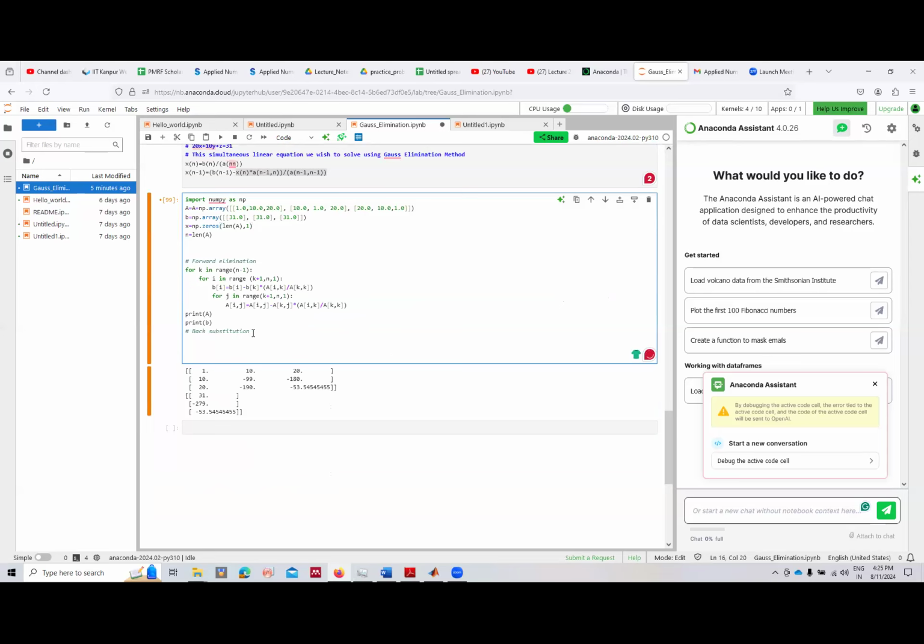So simply in back substitution, I can write x of n will be equal to directly what?